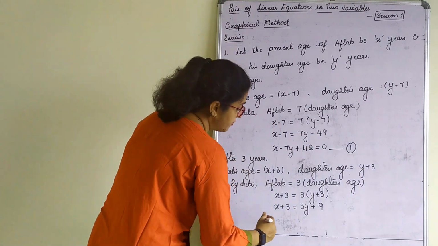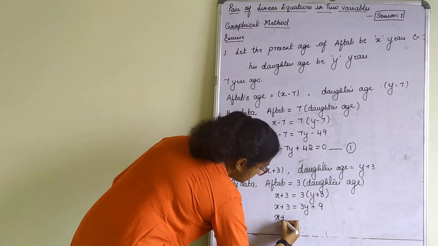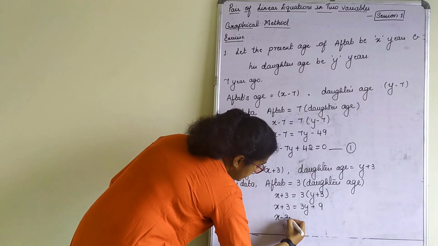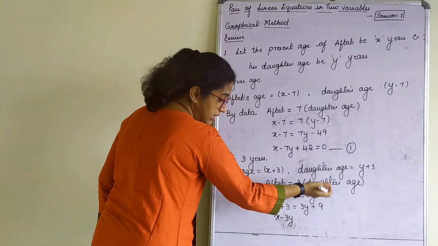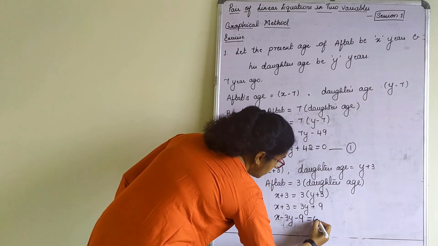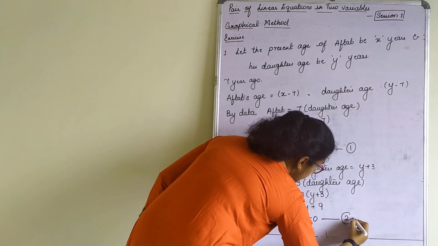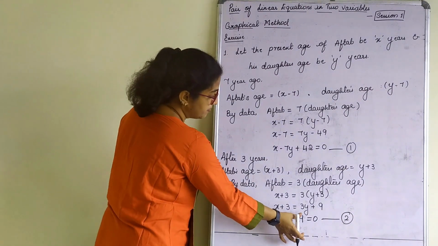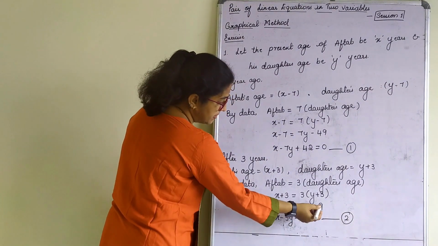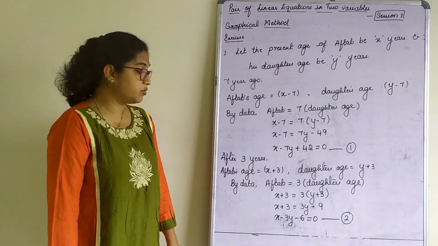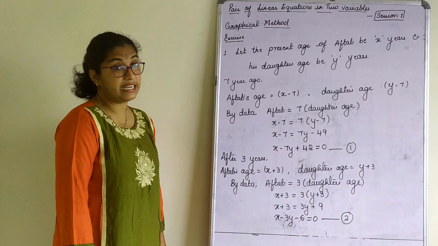Let us shift this sign. X minus 3y, 3 minus 9 is minus 6 is equal to 0. Equation 2, x minus 3y minus 6 is equal to 0. This is the second equation.